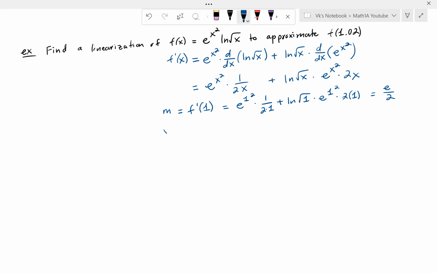So let's figure out the y1 here. It's just f of 1. e to the 1 squared times ln root 1. Well, ln 1 is 0, so it's 0.